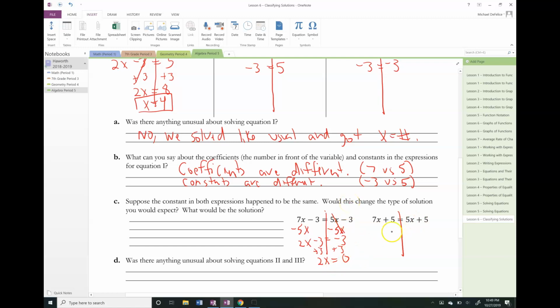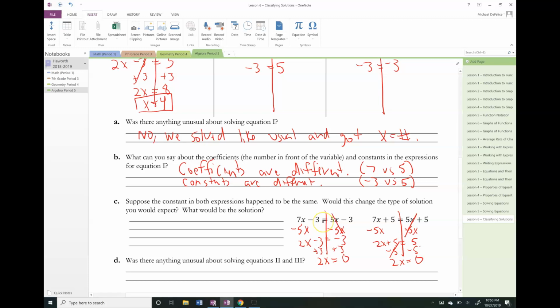And how about this other equation with constants both being 5? Subtract 5x. There's my 0: 2x plus 5 equals 5. Subtract 5, I get 2x equals 0. So again, 2 times what number is equal to 0? The only number that would work is 0.